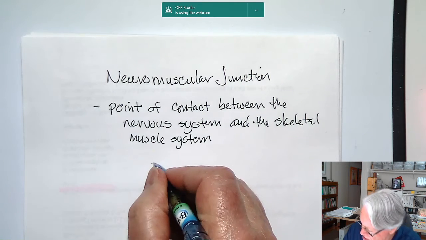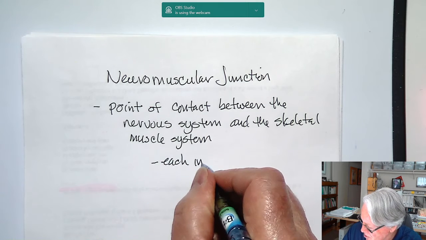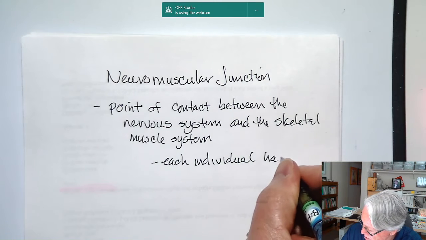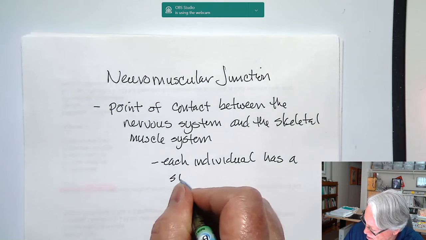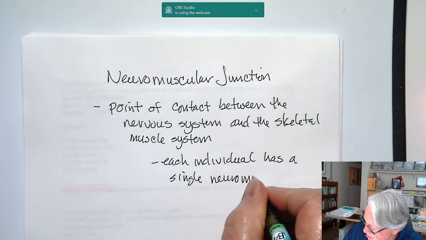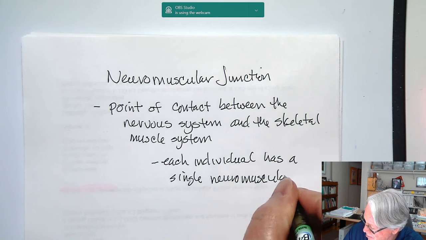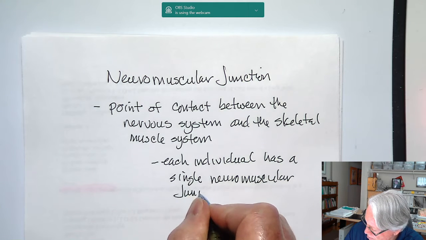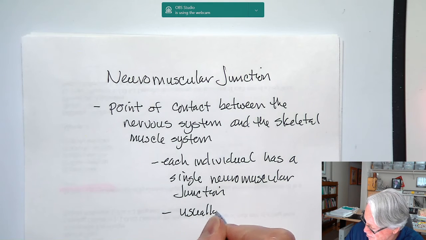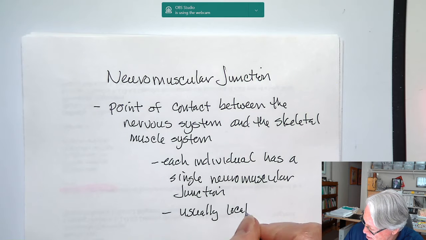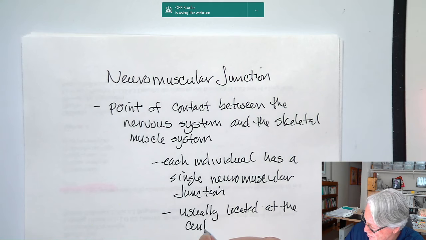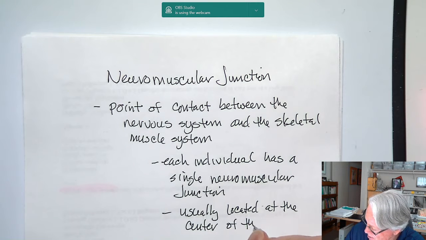So each individual cell has a single neuromuscular junction, usually located at the center of the cell.